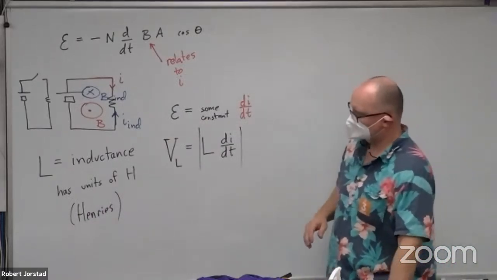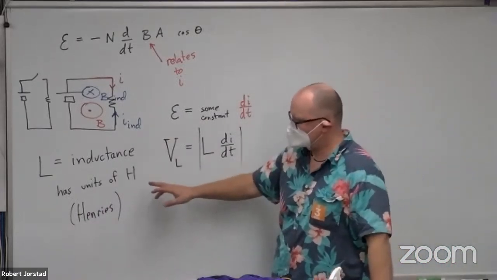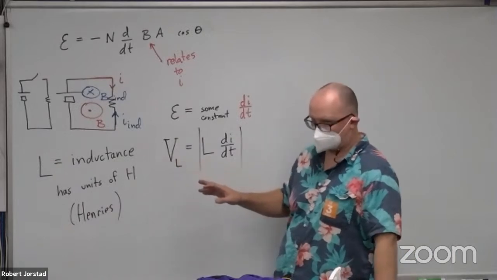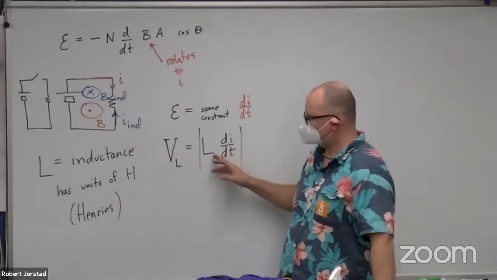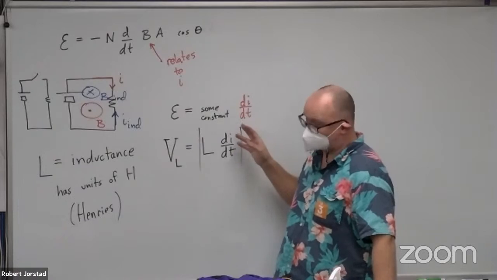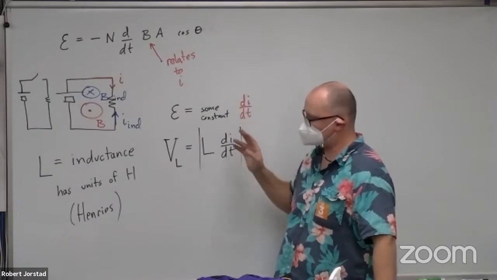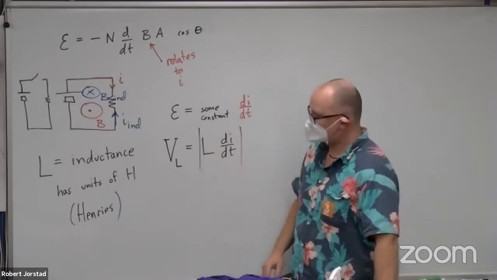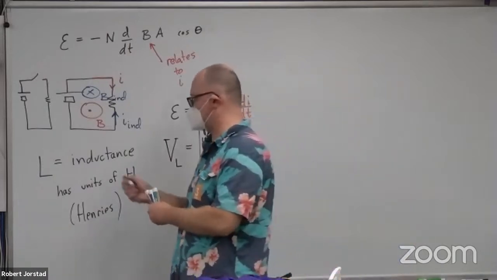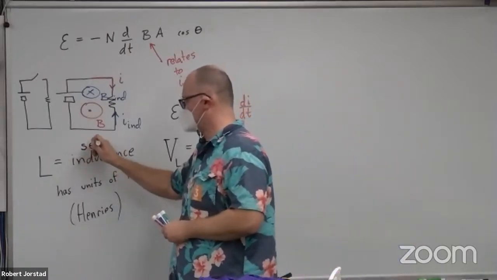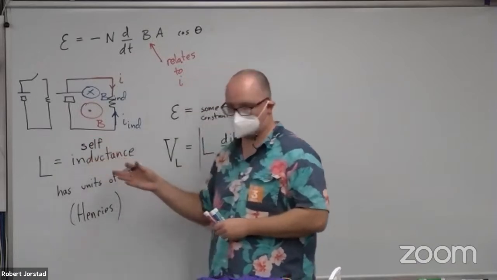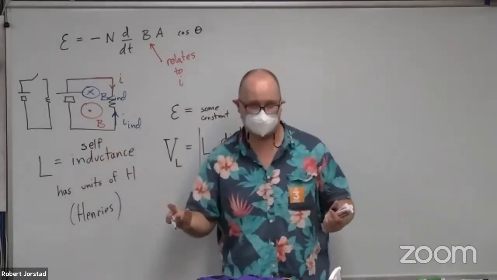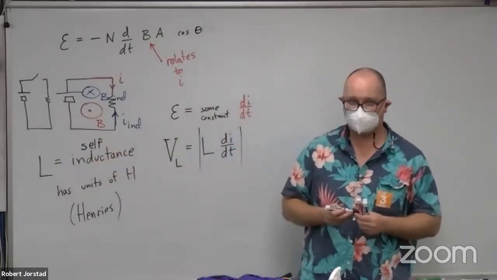All right. So the idea here is there's some property that relates to the current change, and I'm going to call that property inductance. Now, sometimes you'll hear this called self-inductance because it's the ability of a circuit to oppose changes to itself. Isn't this weird?